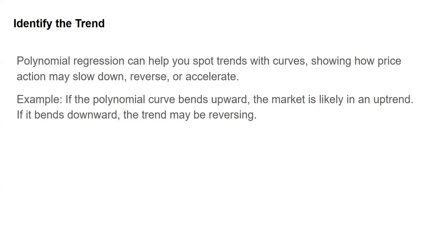And this polynomial regression can help you spot trends with curves showing how price action may slow down, reverse, or accelerate. For example, if the polynomial curve bends upward, the market is likely in an uptrend. If it bends downward, the trend may be reversing.